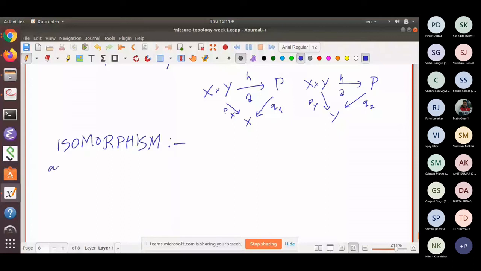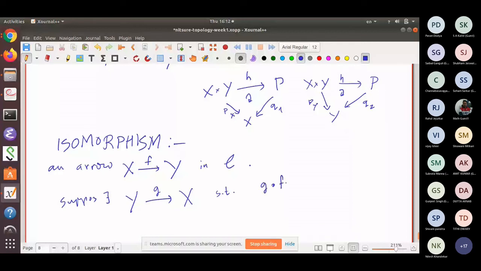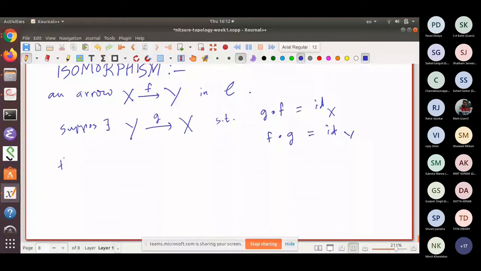So an arrow F from X to Y in a category C. Suppose there exists another arrow G such that G o F is identity of X and F o G is equal to identity of Y. Then we say that F is an isomorphism and G is its inverse.